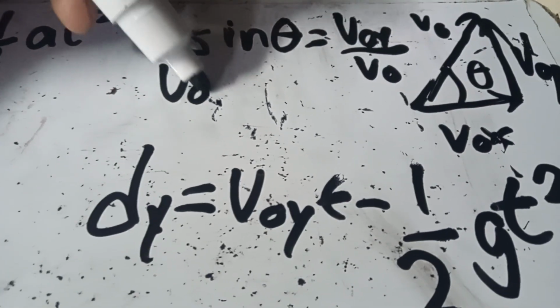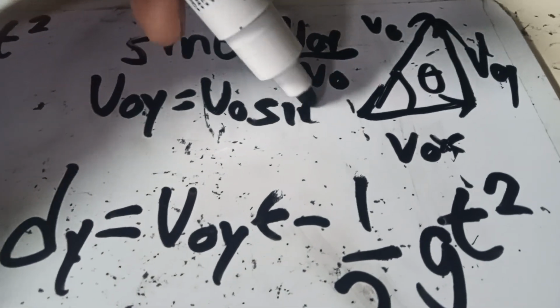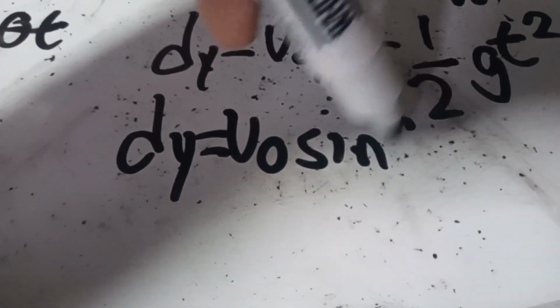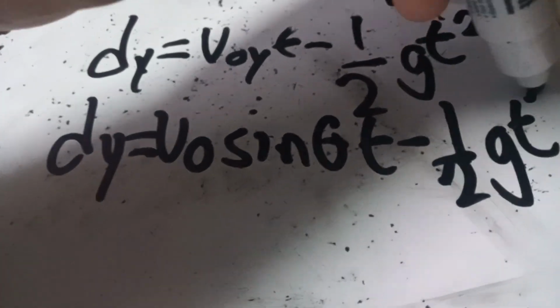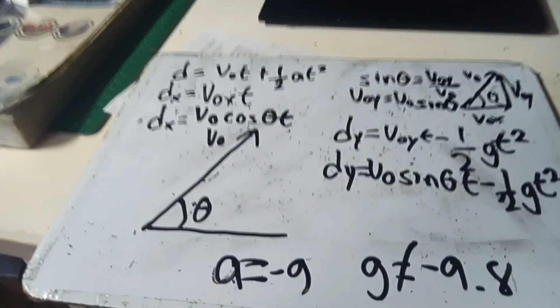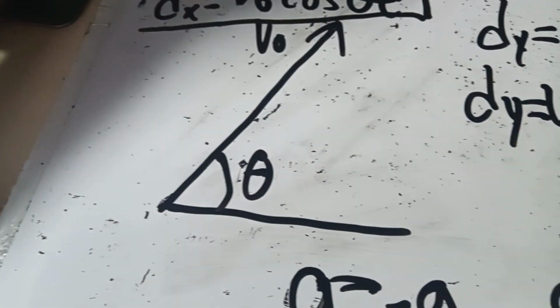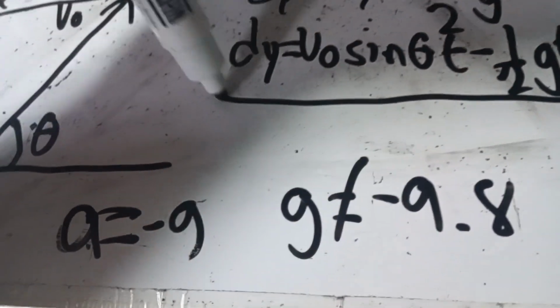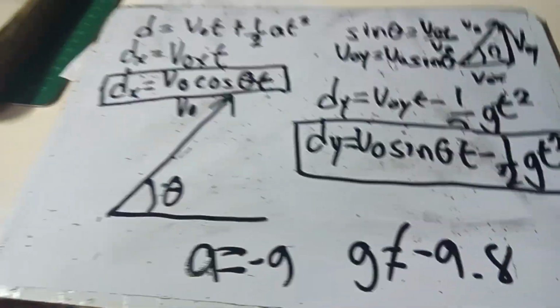Rearranging, we will get v0y is equal to v0 times sine theta. So substituting, we will get dy is equal to v0 sine theta times time minus 1/2 g t squared. So that's the derivation of the first few equations.